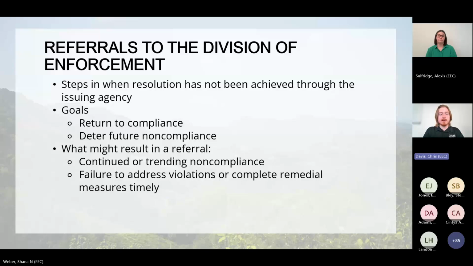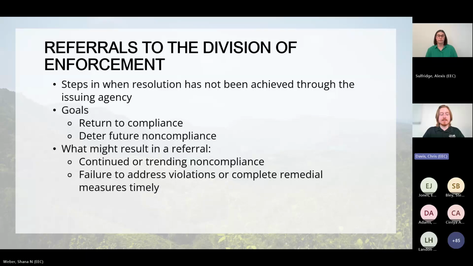And some other things that aren't on here, there might be times where an immediate referral is warranted. This mainly comes from high priority violations or cases, such as if there's a high potential for a release of oil into the water, some kind of accident or environmental emergency, or violations of an egregious nature, like an oil release into a stream or a creek.